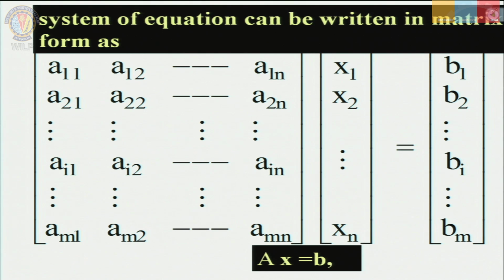A is the coefficient matrix formed from the equations, X is the column matrix of unknowns x1, x2, xn, and B is the column matrix b1, b2, bm. So write the system in the form Ax = B, as we saw in the first lecture. The moment the equations are given, you should be able to write them in the matrix equation form. I believe this step is clear.